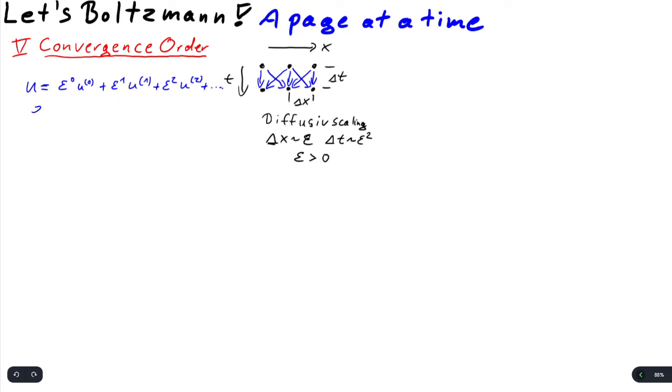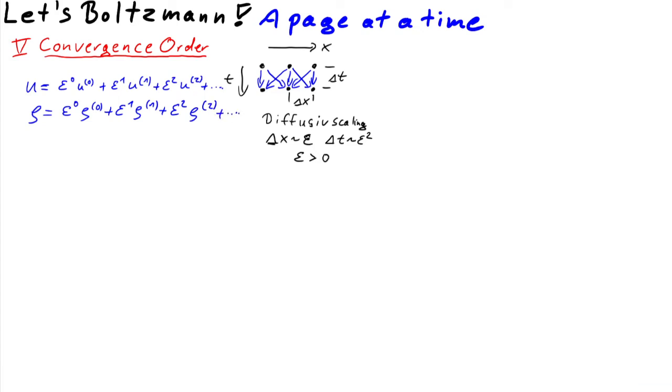And we also get a density rho as epsilon to the power of 0, rho 0, plus epsilon to the power of 1, rho 1, plus epsilon square, the second order of the density, and so on and so on.